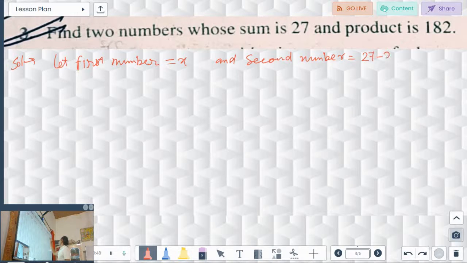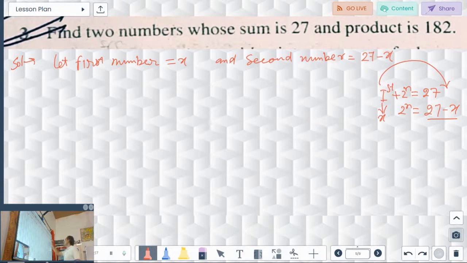If the first number is x, then the second number is 27 minus x.